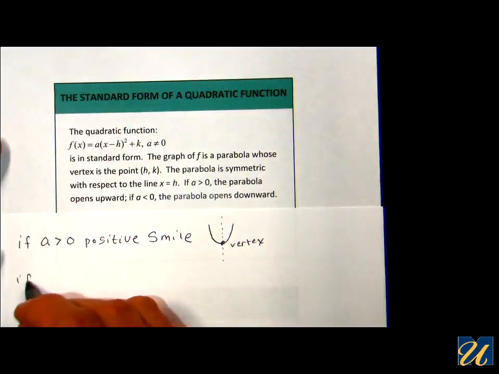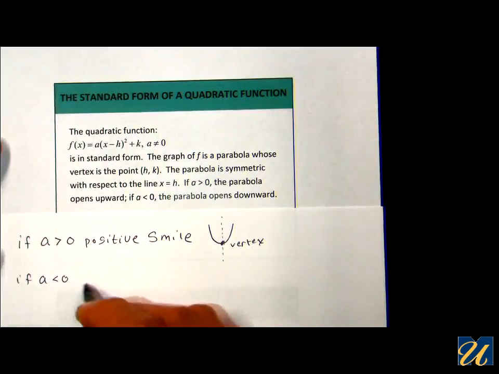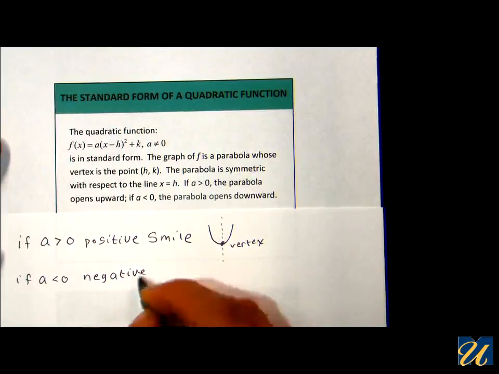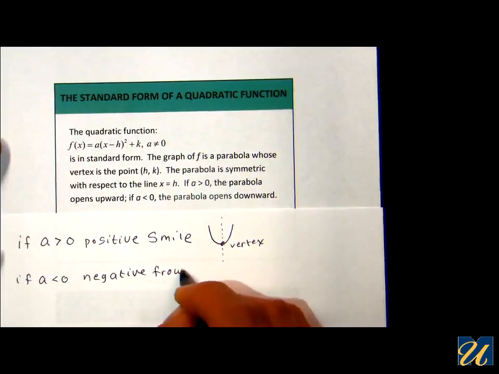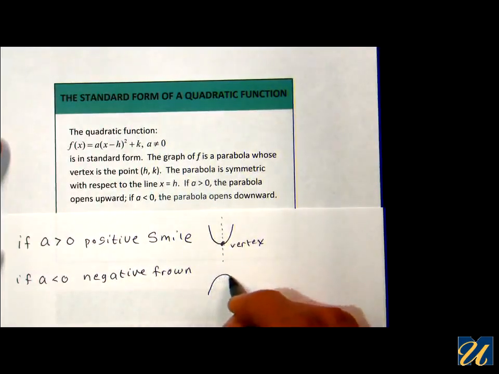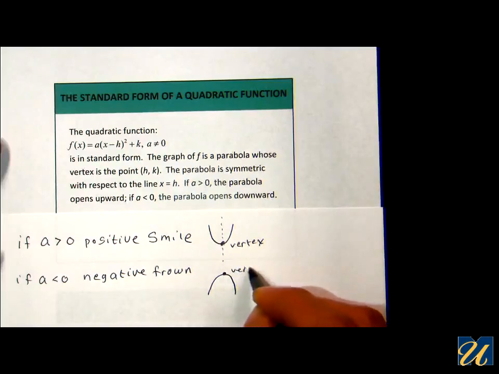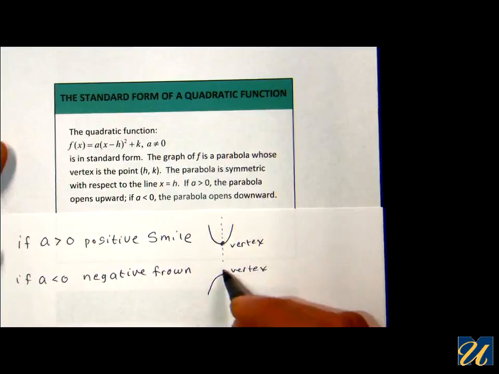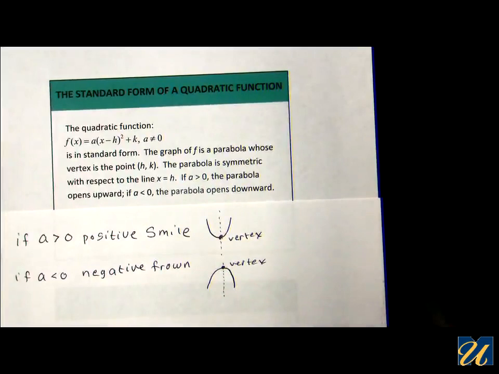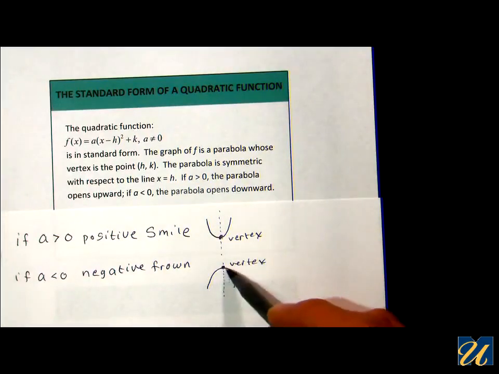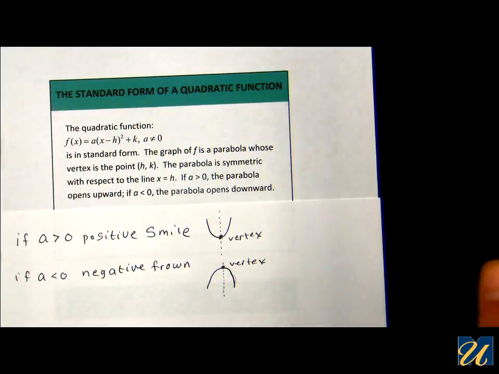If the a value is negative, so think when you are negative, you frown, and that would determine the shape this way. Now the vertex is located right here. The parabola is symmetric right through the vertex. And by symmetry, we mean that what is on one side is a mirror image of what is on the other side.